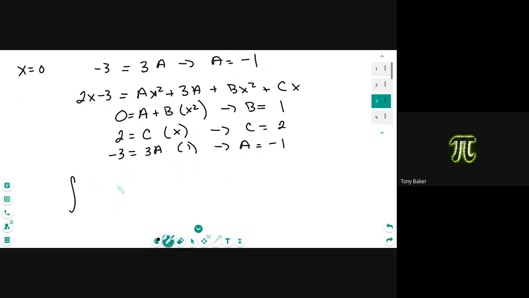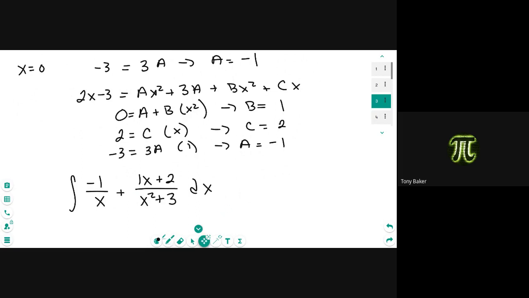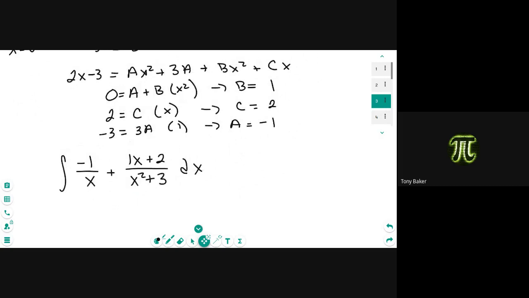All right, so now I have the integral of -1 over x plus x plus 2 over x squared plus 3 dx. Questions on how I got to here?